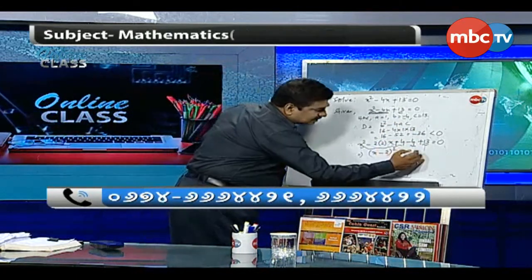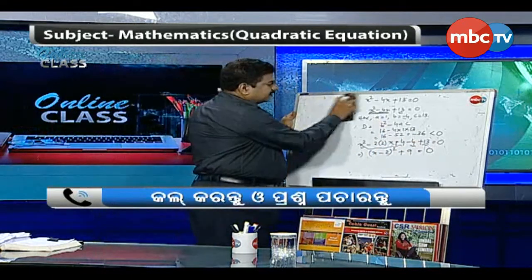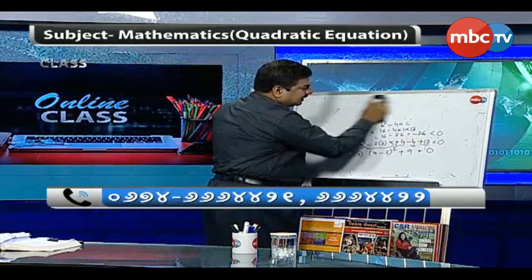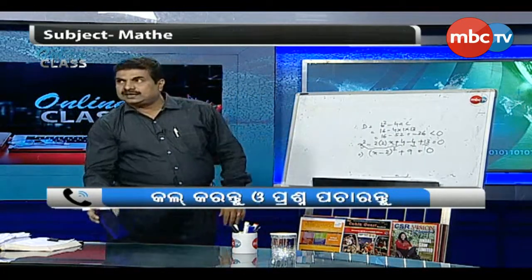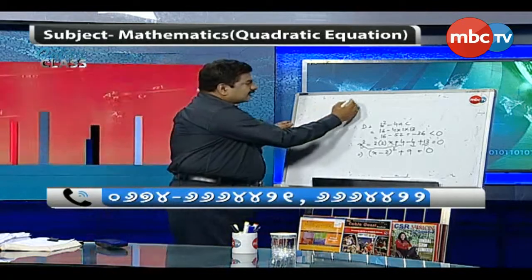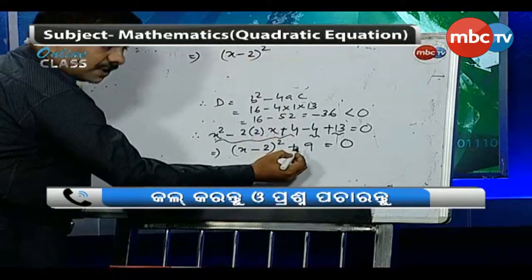So this value is equal to 0, dear. We have to solve x minus 2 whole square plus 9 which is equal to 0.